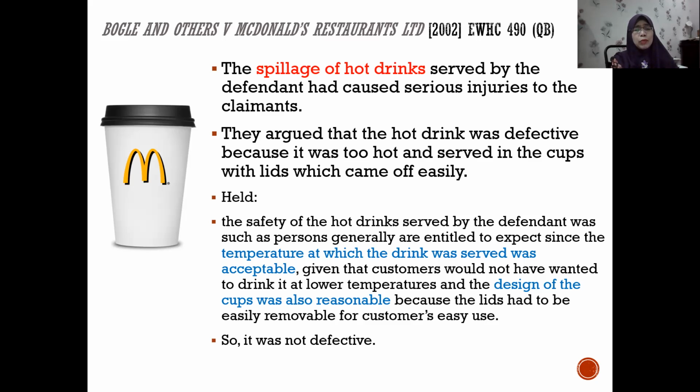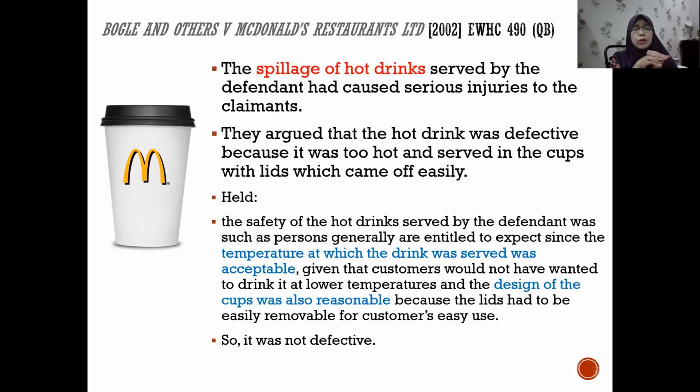It's not boiling water. It is safe to drink. And given that customers would not have wanted to drink at a lower temperature, because if they served it at a lower temperature, customers would also complain that it's not a hot drink. They are buying a hot drink.